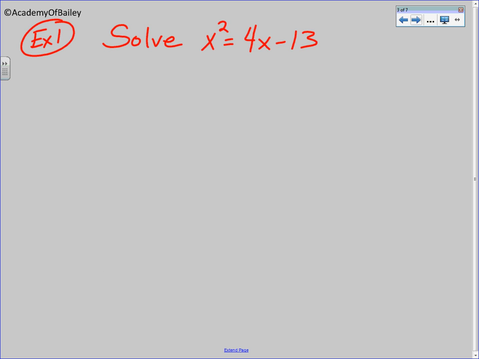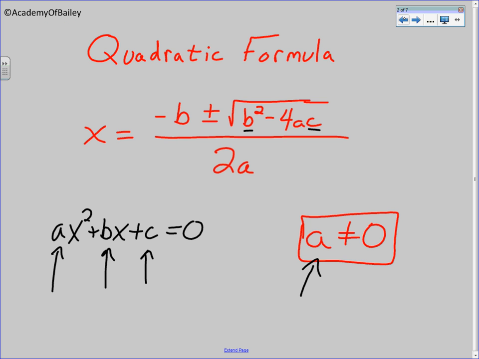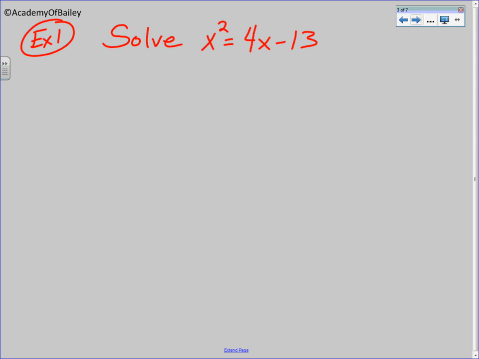If we solve this equation here, and the quadratic formula says it has to say equal to 0, this doesn't say equal to 0, so let's go ahead and change it so it does say equal to 0. Subtract 4x from both sides and add 13 to both sides. Now it equals 0. Let's check to see if we can factor it.